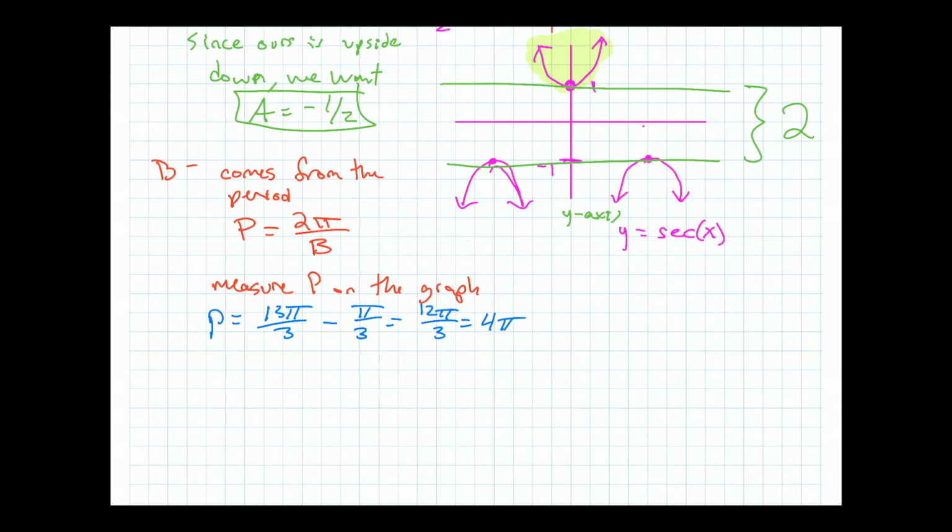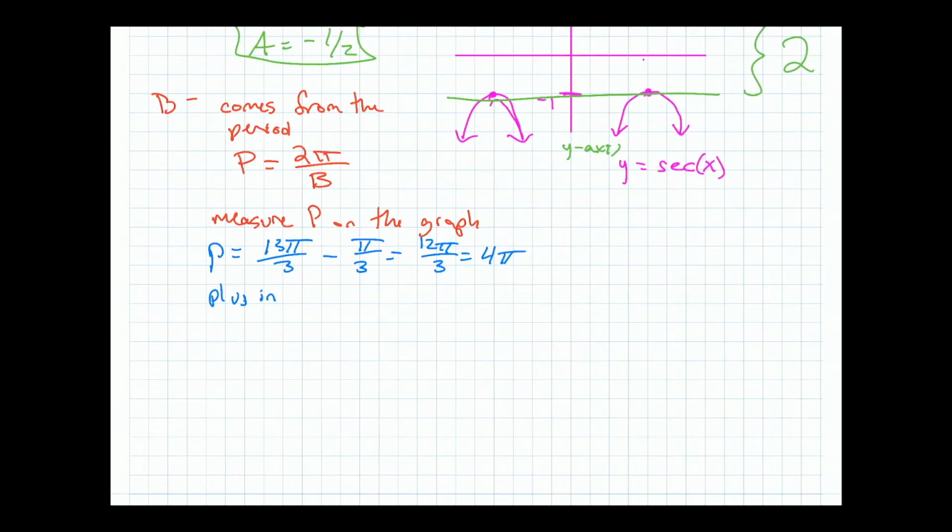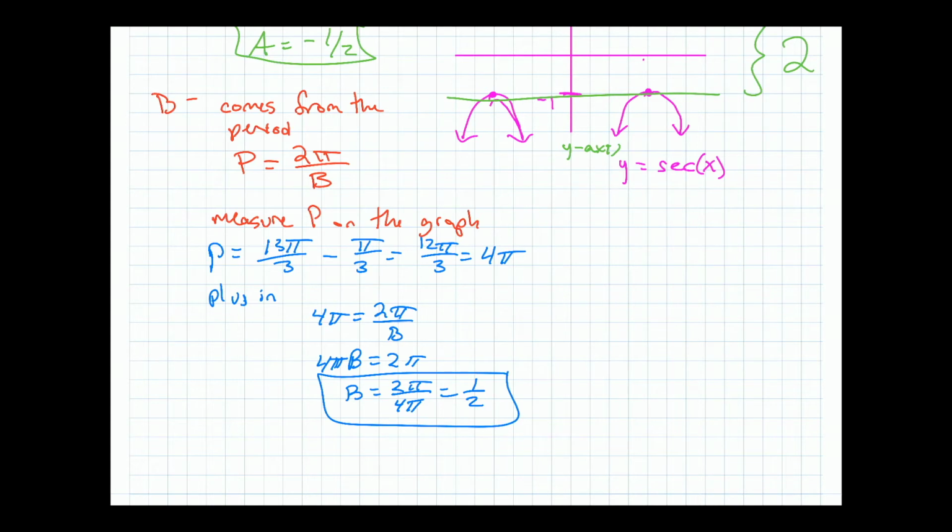So you plug it into the equation and you get 4 pi is 2 pi over B. So 4 pi B is 2 pi. So B is 2 pi over 4 pi, which is 1/2. So then we have the B. The B is 1/2.